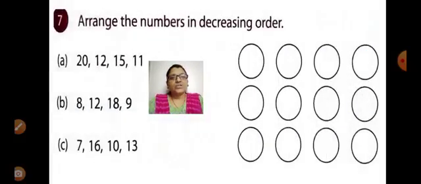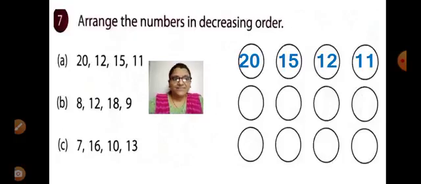Next, question number 7. Arrange the numbers in decreasing order. First question, 20, 12, 15, 11. We will arrange it in decreasing order as 20, 15, 12, 11.